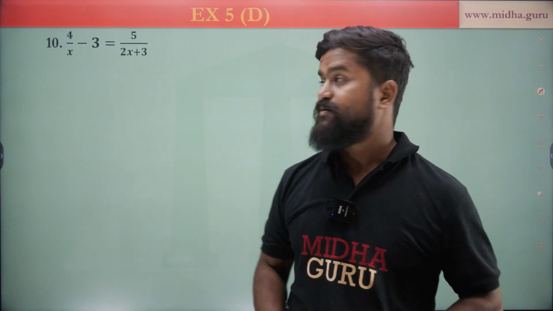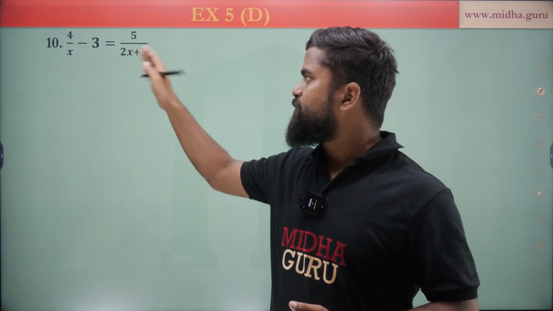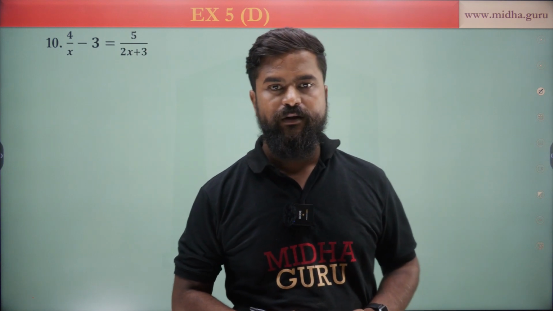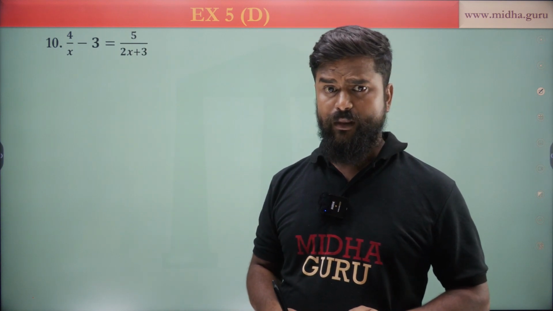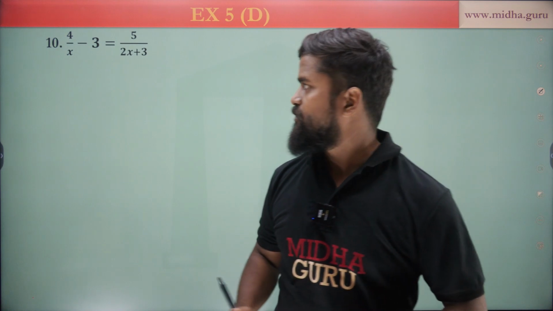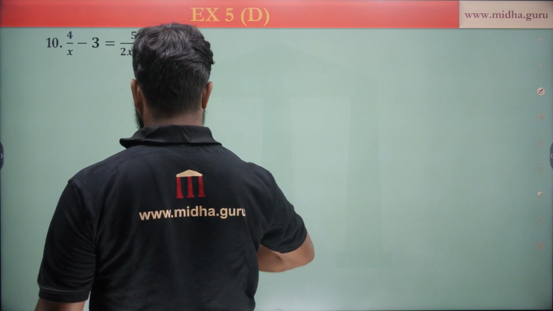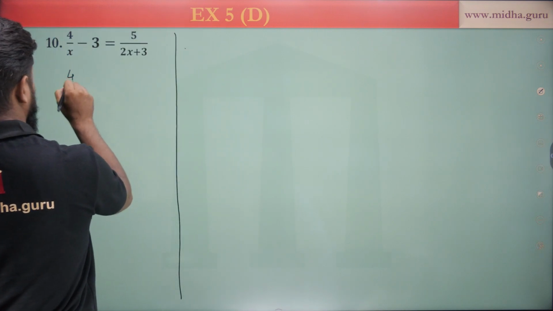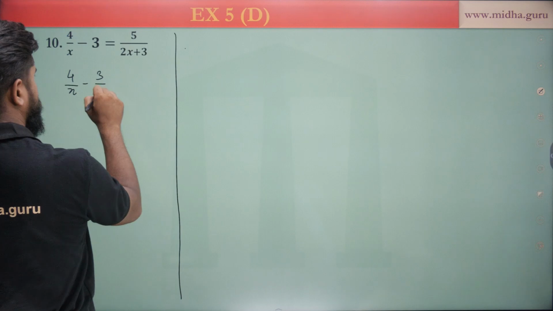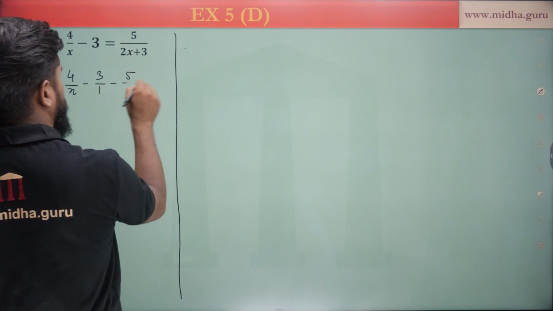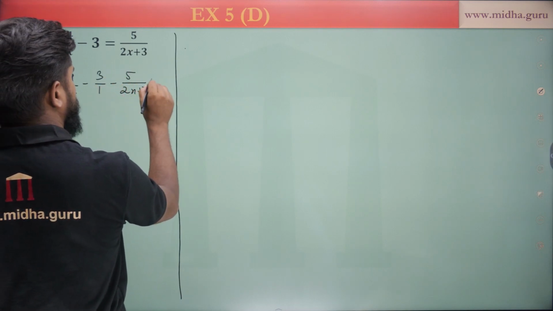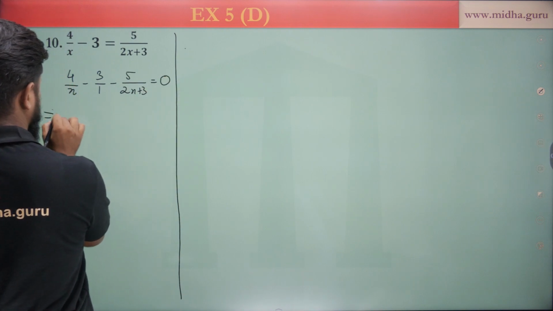Now, the next equation is 4 by x minus 3 is equal to 5 by 2x plus 3. So first what we will do is bring it into the standard form. For that, we will bring all the terms to one side of the equation. So we have 4 by x minus 3, which you can write as 3 by 1, minus 5 by 2x plus 3 is equal to 0.